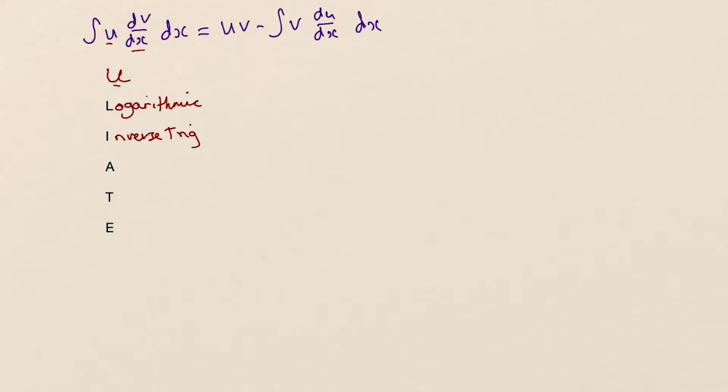After that will be algebraic functions, then trigonometry, and finally exponentials. So if there's a logarithm in it, pick that first. If there's not, then we'll look for an inverse trig. If there's neither of those two, we'll go algebraic, then trigonometry, and finally exponentials.